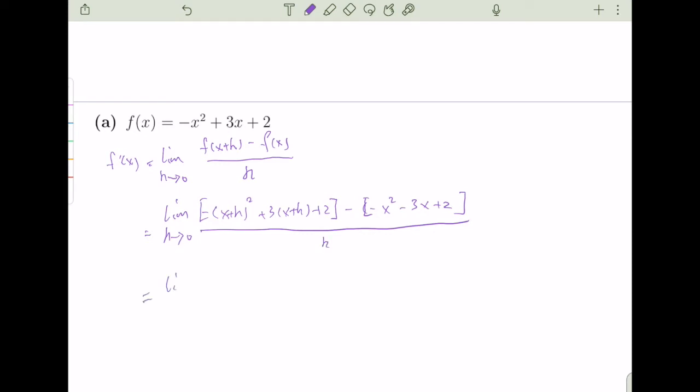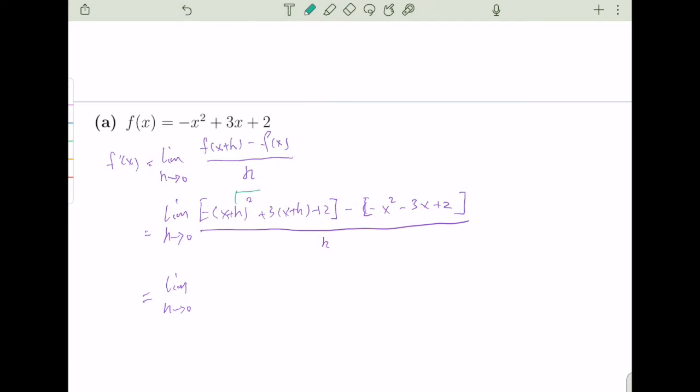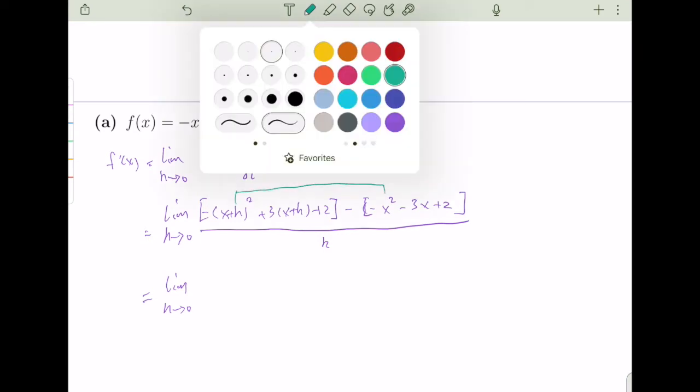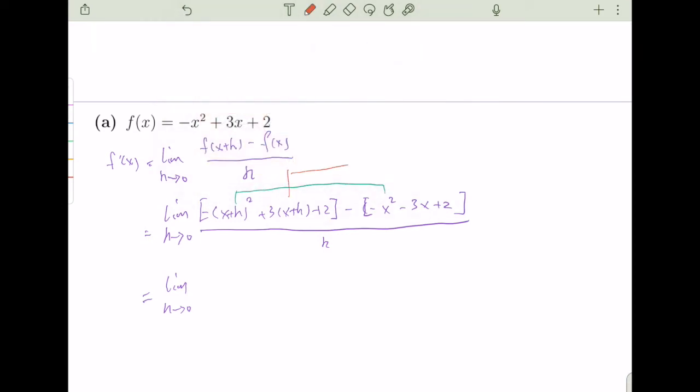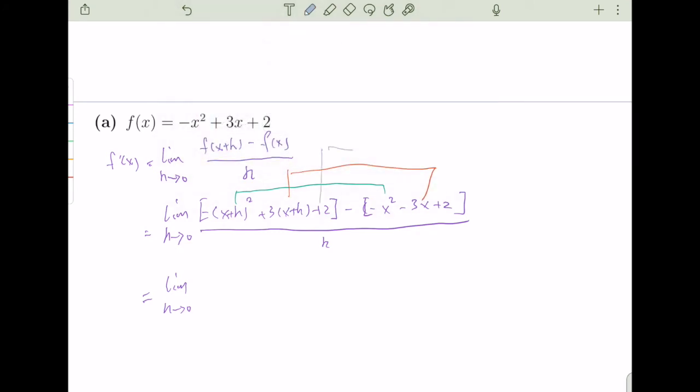It's a complicated expression, but after we simplify the top, it shouldn't be too complicated. So now we combine these two terms here, combine these two terms, and also these two terms are cancelled.